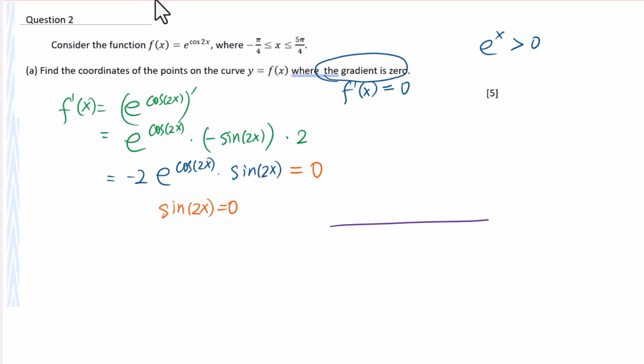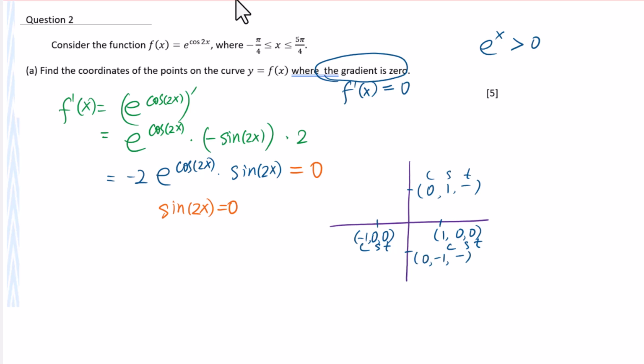Let's draw this unit circle. 1, 0, 0, CST. Negative 1, 0, 0, CST. 0, 1, undefined, CST. 0, negative 1, undefined, CST.